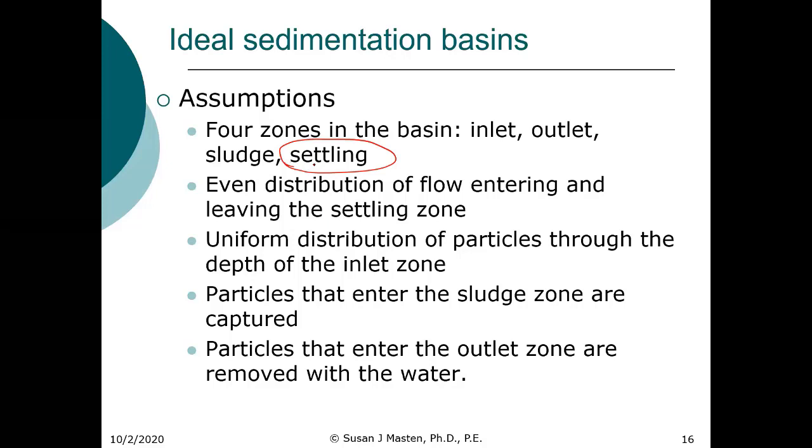We also will assume that the flow entering and leaving the settling zone is evenly distributed. So basically, as it comes in, a particle entering has an equal probability of being anywhere vertically in a cross-section of that basin.